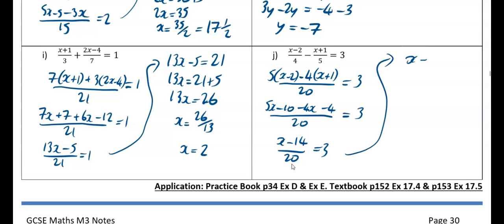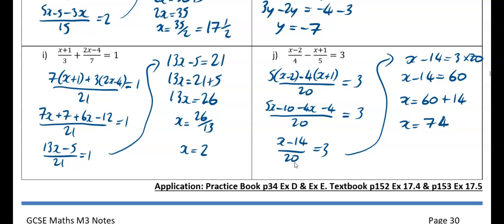So you'll say x minus 14 equals 3 times 20, which means x minus 14 is equal to 60. Which means x is equal to 60 plus 14, which means x is equal to 74. And that is it.